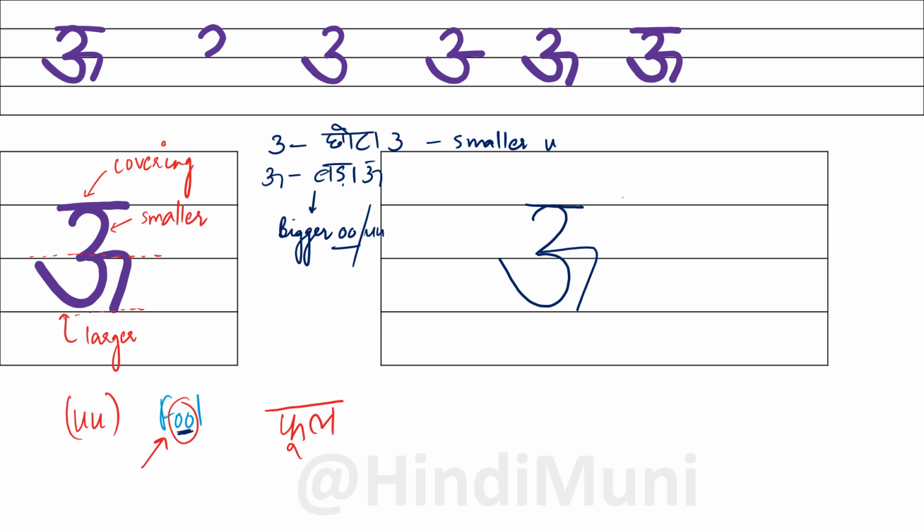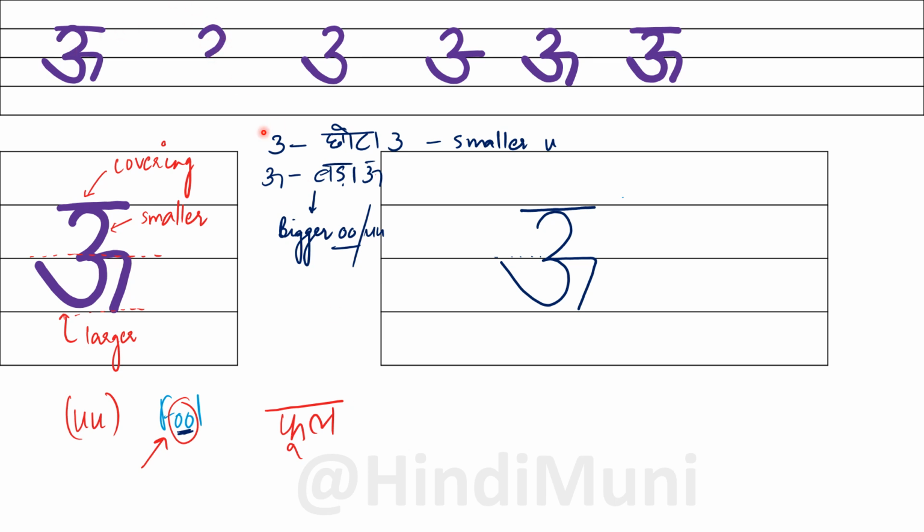Now here you can see that I made a few mistakes while writing it, so just let me correct those. You make a smaller semicircle, then you make a larger semicircle, which touches this line. And then right from the center, you go down vertically a bit slanted. And then just like in the previous one, you put a horizontal line on the top.